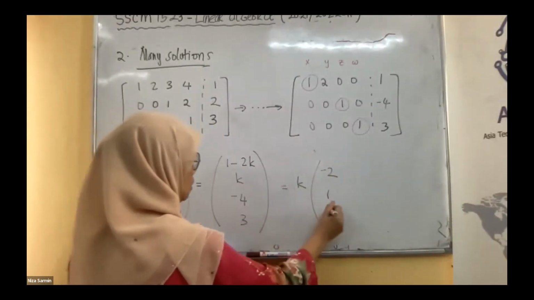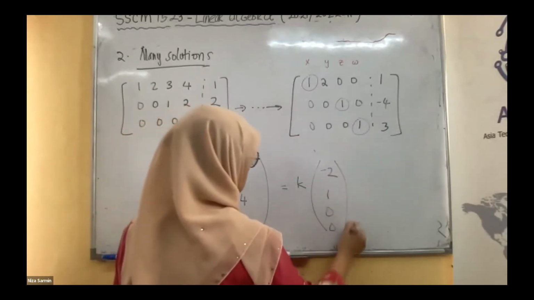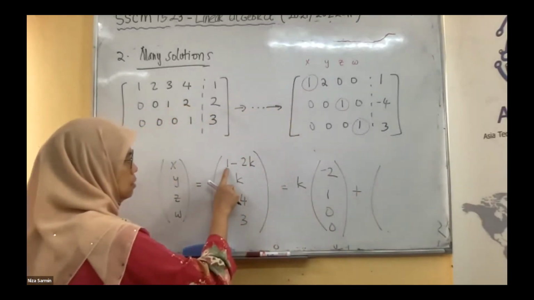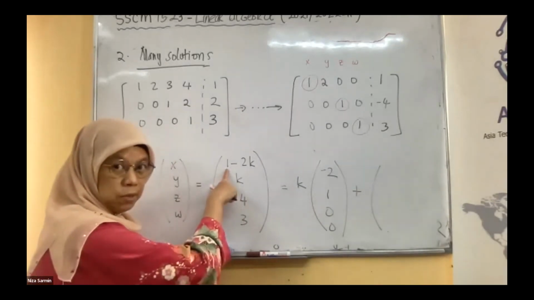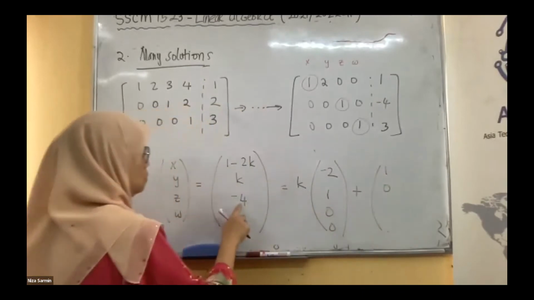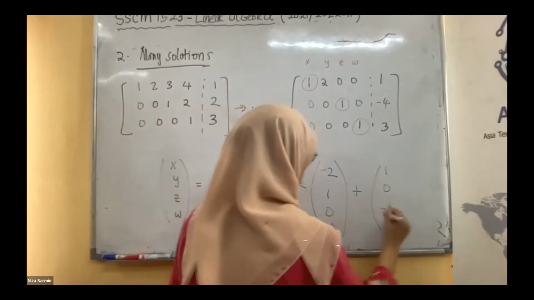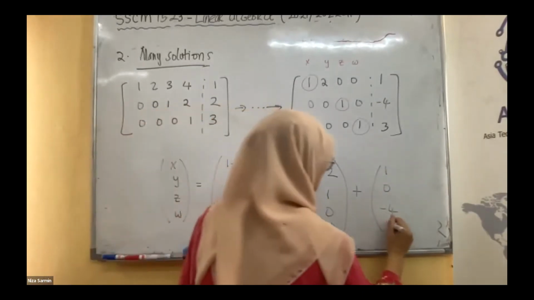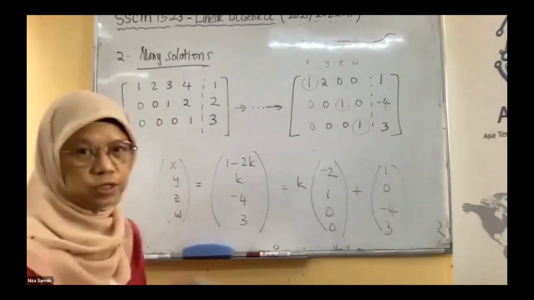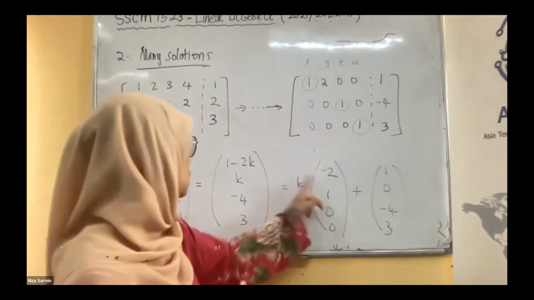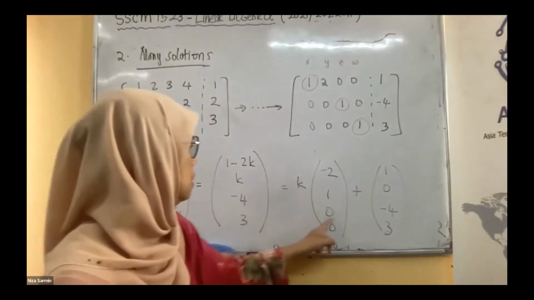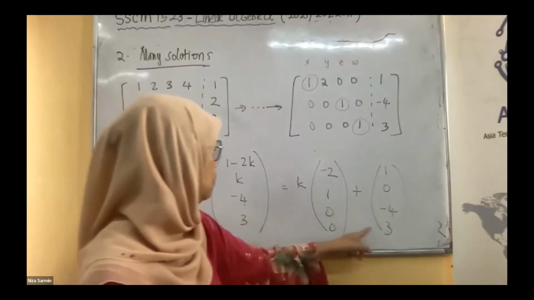There is no K. Plus, and then I take out the number, yeah? 1, 0, -4, 3. Okay. If you check back, it's the same. -2K plus 1, K, -4.